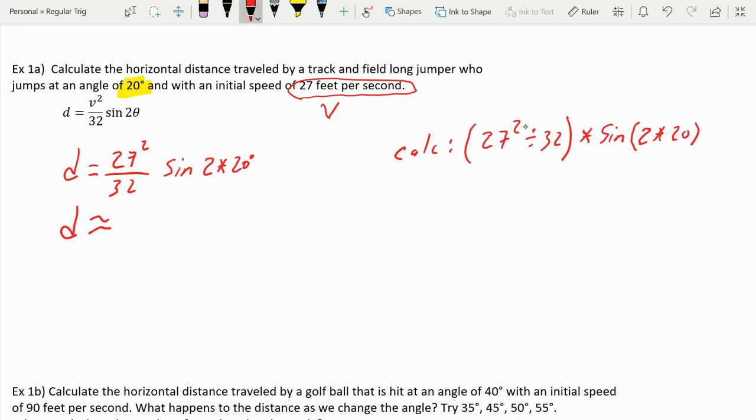So the distance is approximately equal to, once you plug all that into your calculator, 14.64 feet.